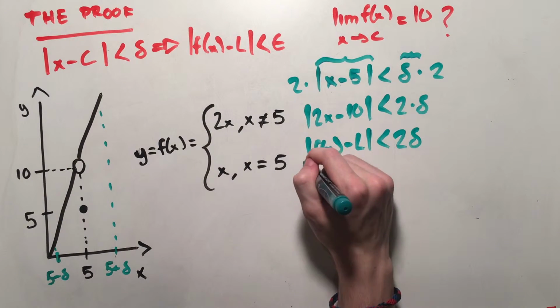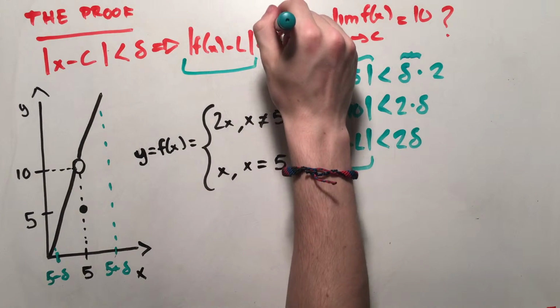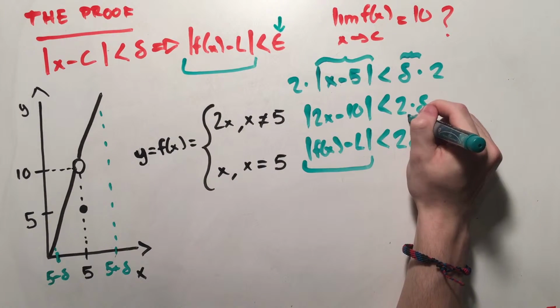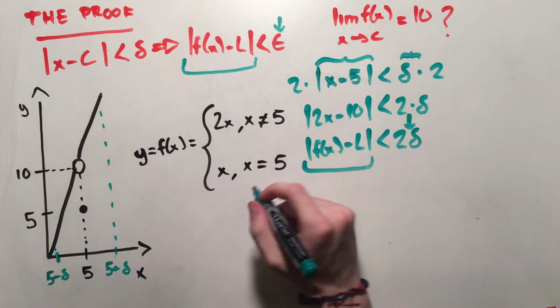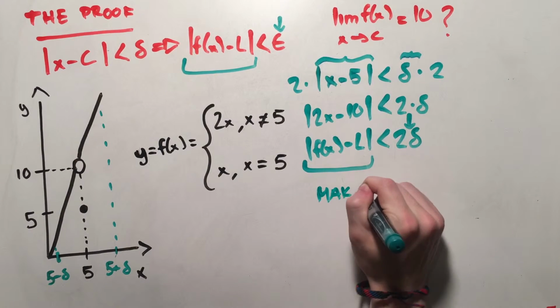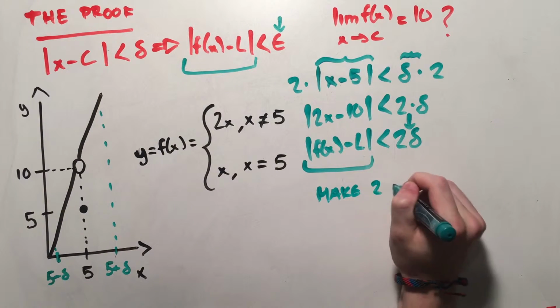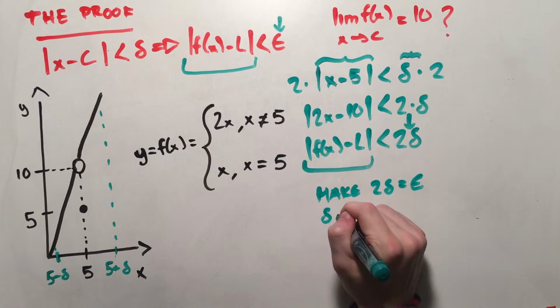Because we established that f of x was equal to 2x, those two values are interchangeable, thus making the two absolute value portions of the inequalities identical. Therefore, we can conclude that 2 delta equals epsilon, or delta equals epsilon over 2.